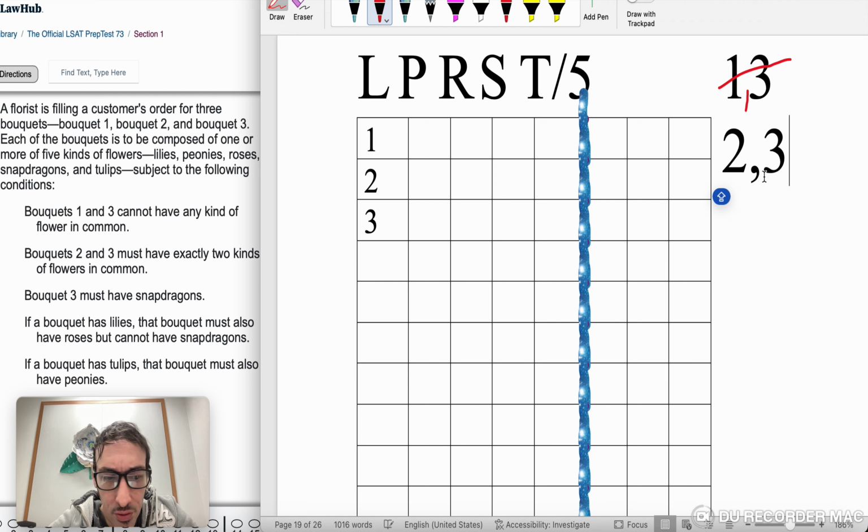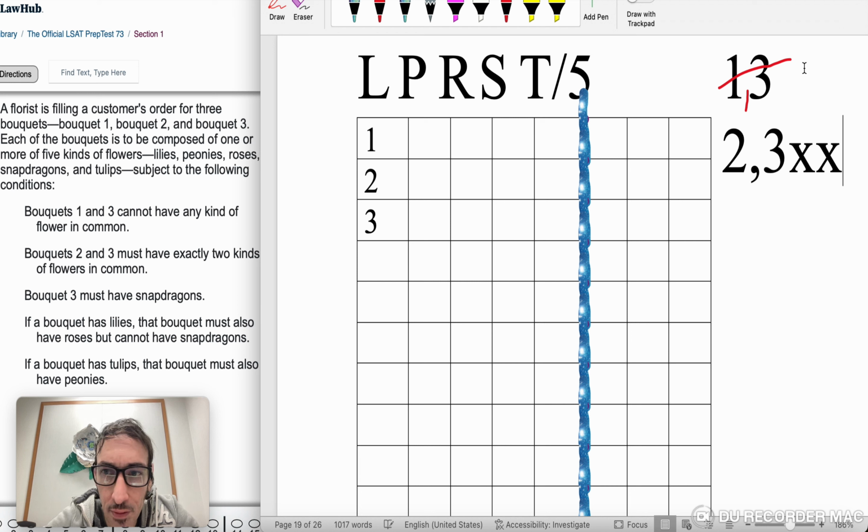So I'm going to put just the lowercase letter R, not really RR, but I'm going to use XX. And this is going to mean to me that the 2 and 3 must have 2 kinds of common flowers.